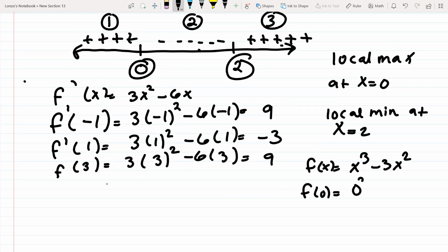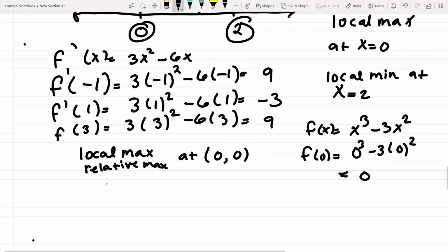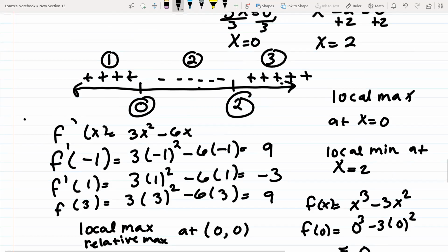So you get 0 cubed minus 3 times 0 squared. That's going to be 0. So that's why our local max, or relative max, they're the same thing, is at 0, 0.